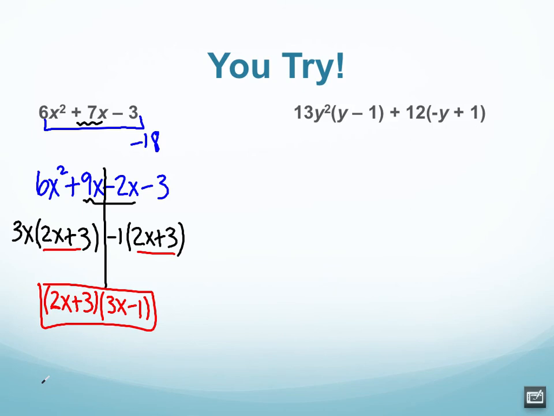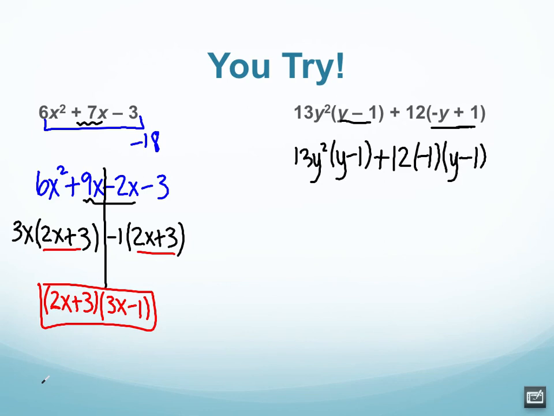Looking to our second example, we notice again the parentheses do not match. So I'm going to factor a negative 1 out of that second set of parentheses. First set stays the same. When I factor out a negative 1, the parentheses becomes y subtract 1.